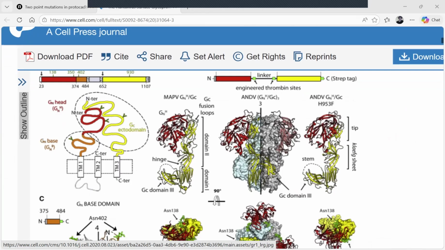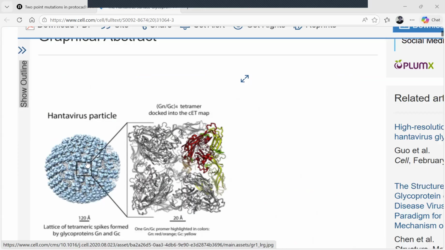Cell. That's the shape, and then there's the GN and the GC for the Andes version of the virus. Four of these make up the tetramer on the surface of this particle, this hantavirus.